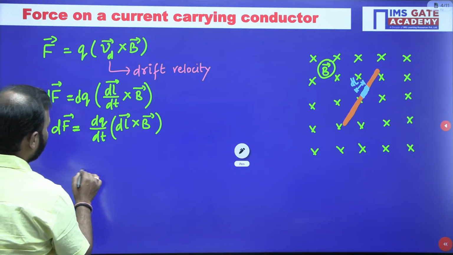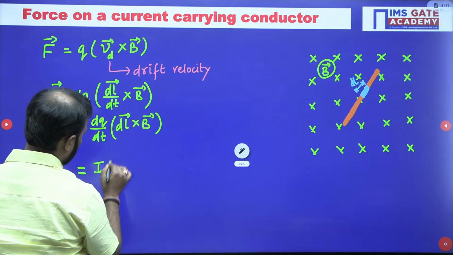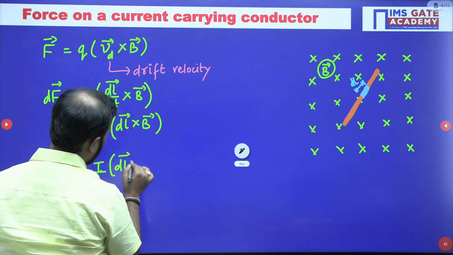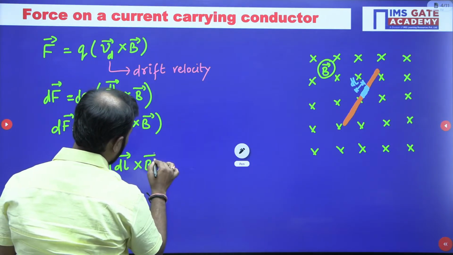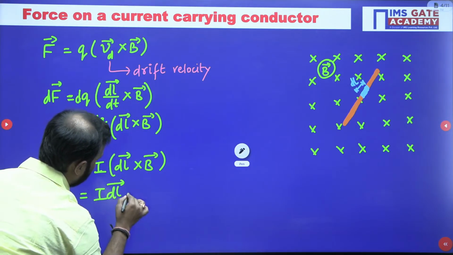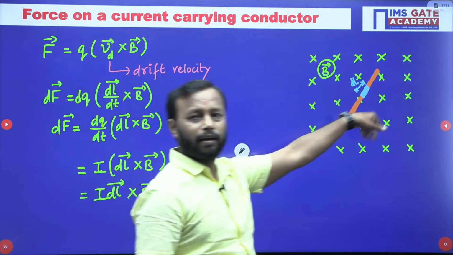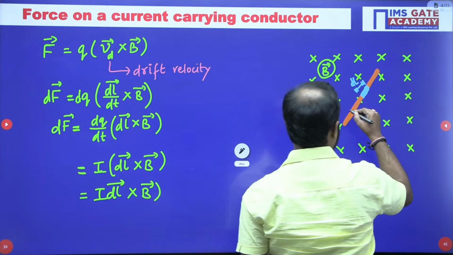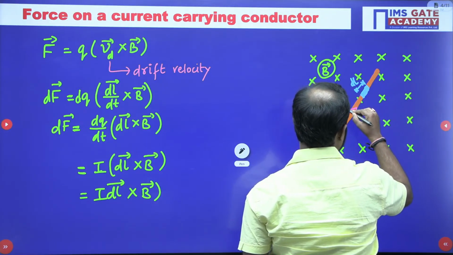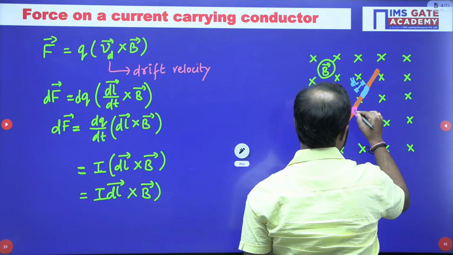And what is dq by dt? This is current I, and del L cross B. So I can write this as I dl cross B, because the current is flowing inside this conductor.